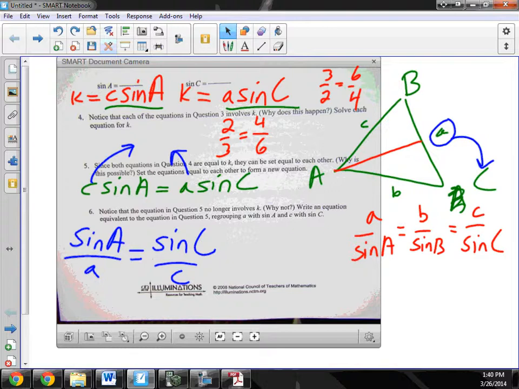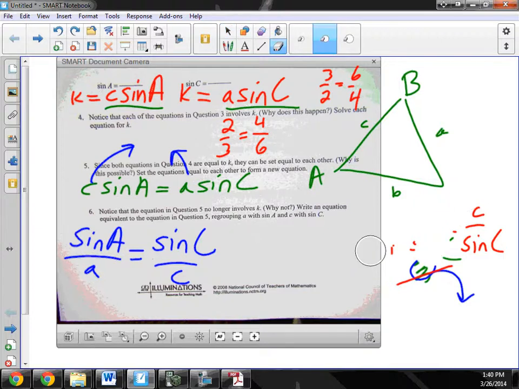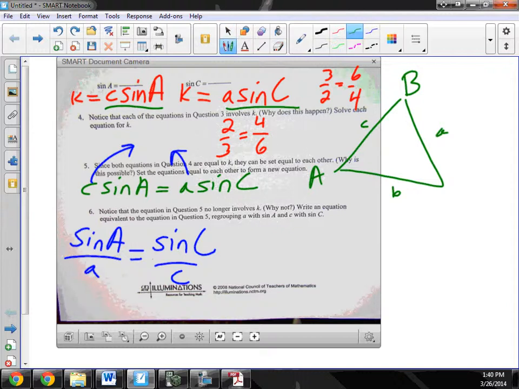Let's say the angle C is 20 degrees and angle A is 95 degrees. What would I need to know in order to fill out the rest of the triangle? Either little c or little a. Do I need both? No.